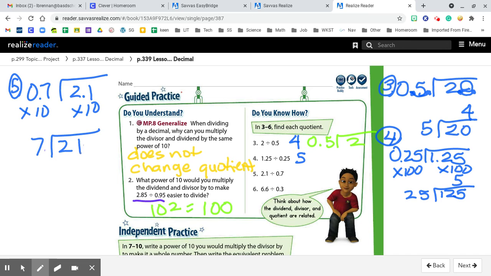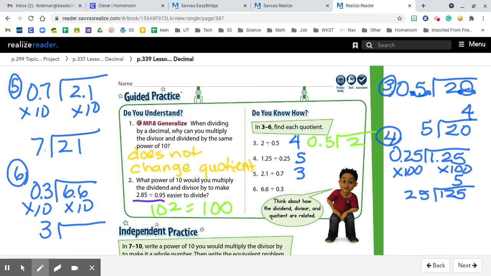So I wind up with 21 divided by 7, which equals 3. And number 6, 0.3 divided in 6.6. I'm going to have to multiply that by 10 to get rid of the decimal. So I wind up with 3 goes into 66, 22 times.